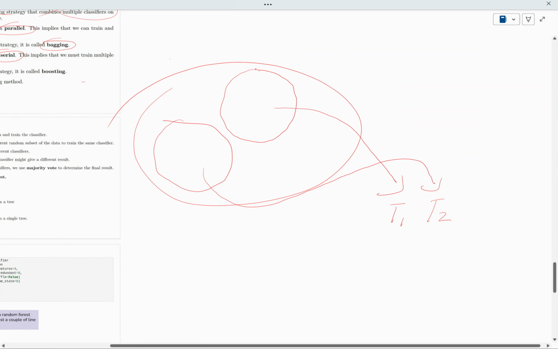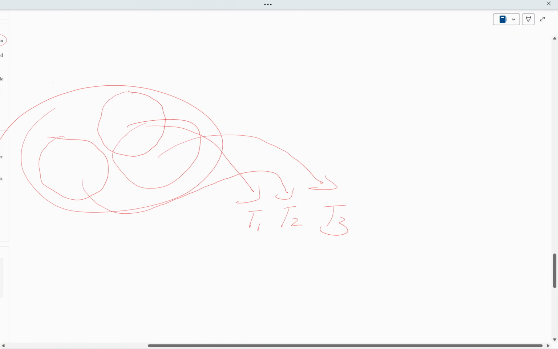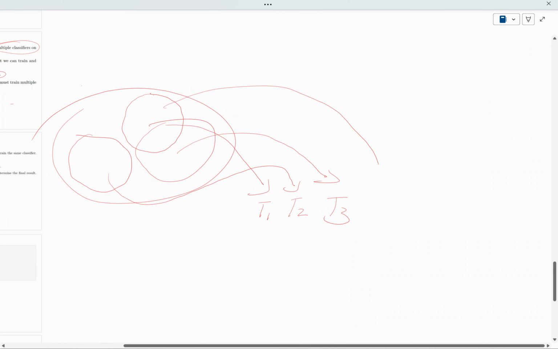Train T2. Now, if you do this again, once again, you get a different tree. So you can keep building multiple trees, and once you have multiple trees, they become a forest.